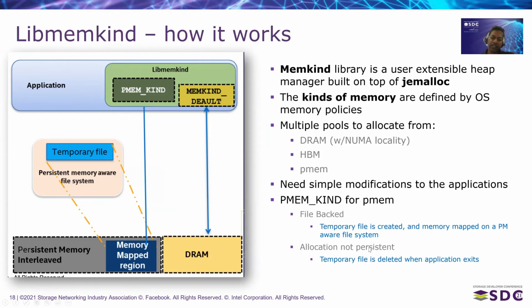The key difference here is that this is used and treated as memory, so there is no persistence. Whenever the application exits, you essentially lose that capacity. It can be allocated for somebody else, and the content is overwritten.